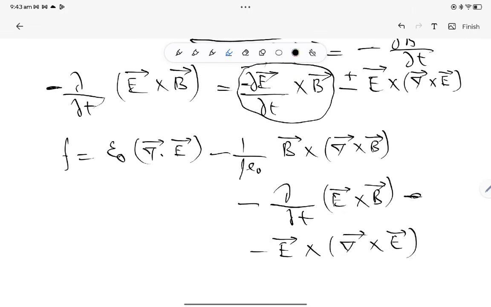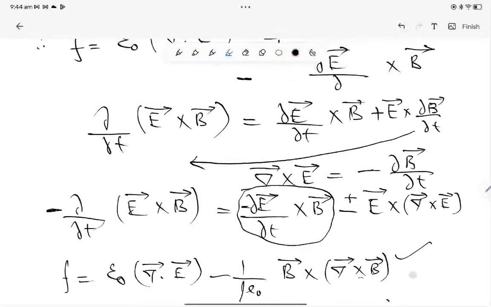Now looking at this expression, you see there is some symmetry. This term is for magnetic field, this term is for electric field. There must be some mu naught, is it?